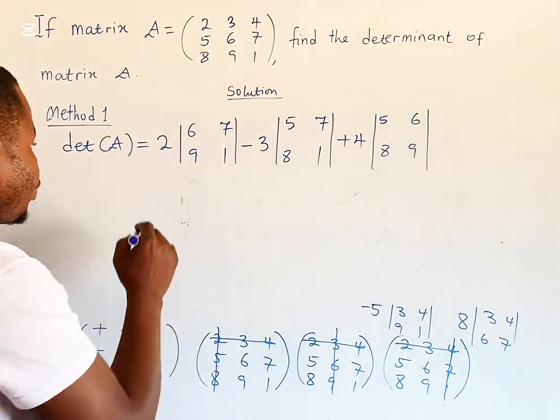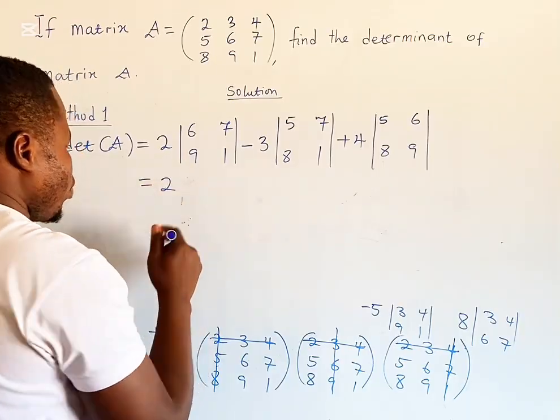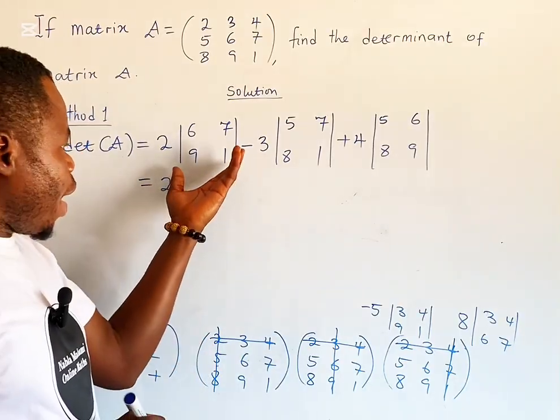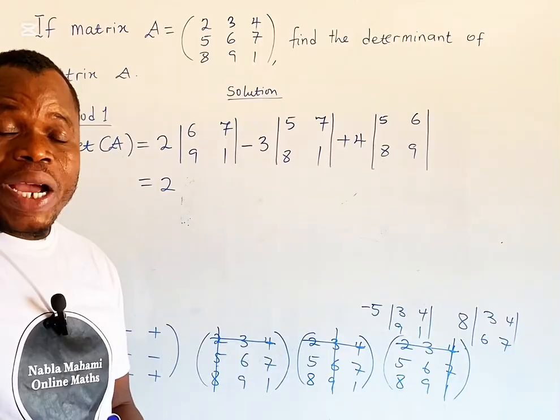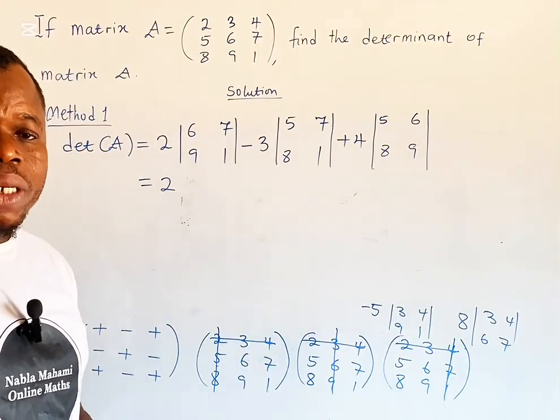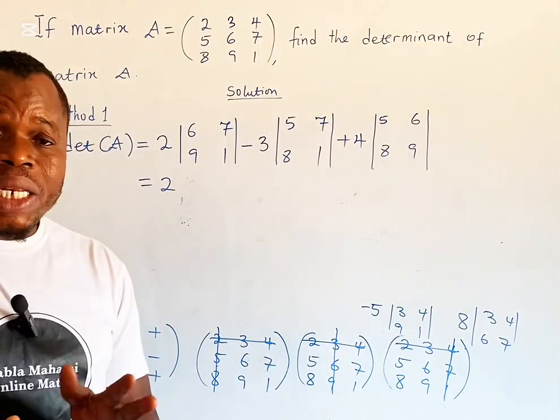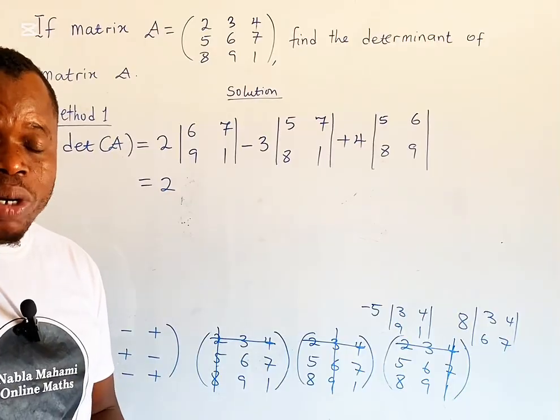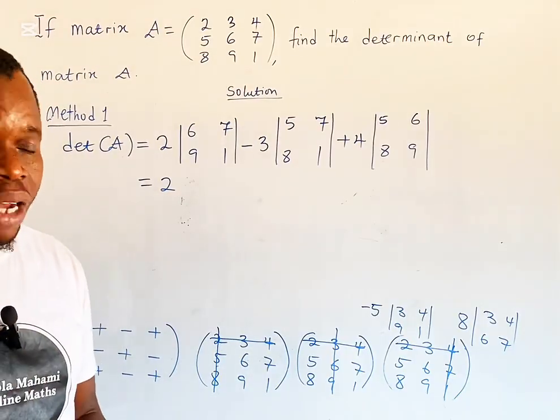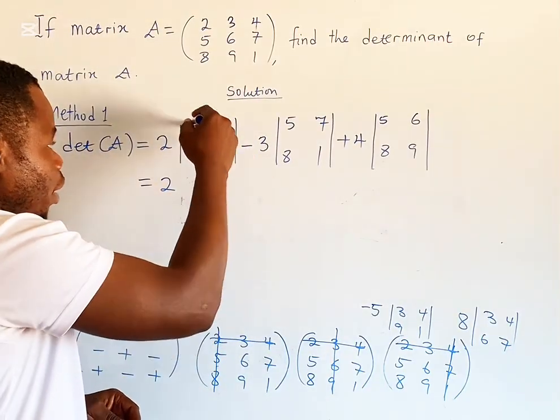So let's continue. I'll have 2. Now you use the method that you normally use to find the determinant of a 2 by 2 matrix. That is, you use the product of the leading diagonal values minus the product of the other diagonal values. This is what they call the leading diagonal.